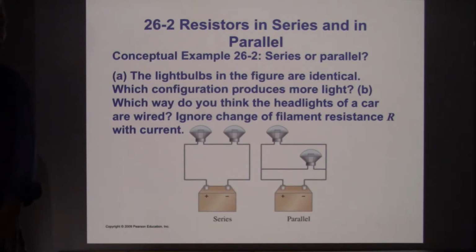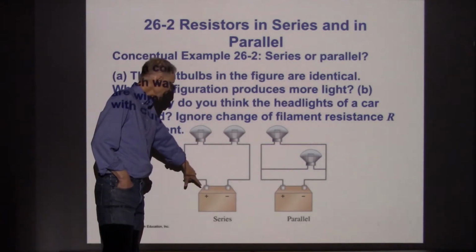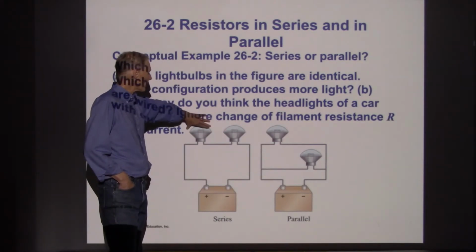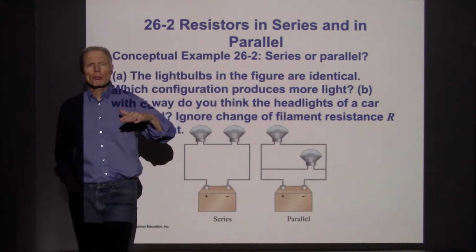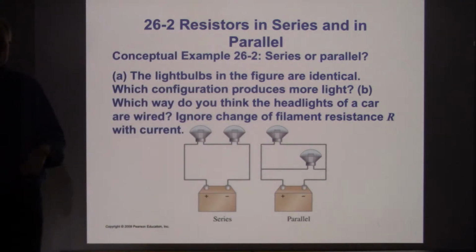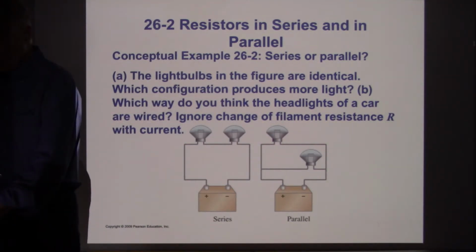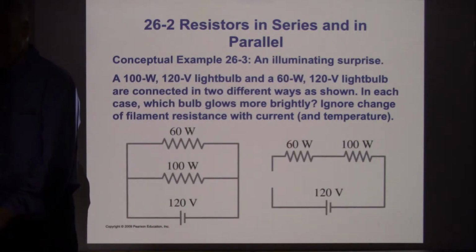So the bottom line here is these lights in series would be getting only half of the voltage. They would have only half the current going through. So these would only be 1/4 as bright if they're the same resistance. Okay, so a factor of 4 between two bulbs being put in parallel or being put in series.